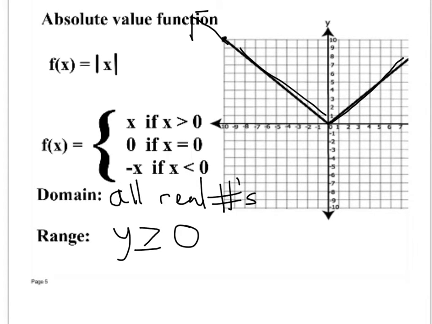So would it include 11, 12, 13? Would it include 100? Yes. But it doesn't include negative 1, negative 2, negative 3. So technically you could say it's all whole numbers, but we just describe it as y is greater than or equal to 0, because 0 is my smallest y.